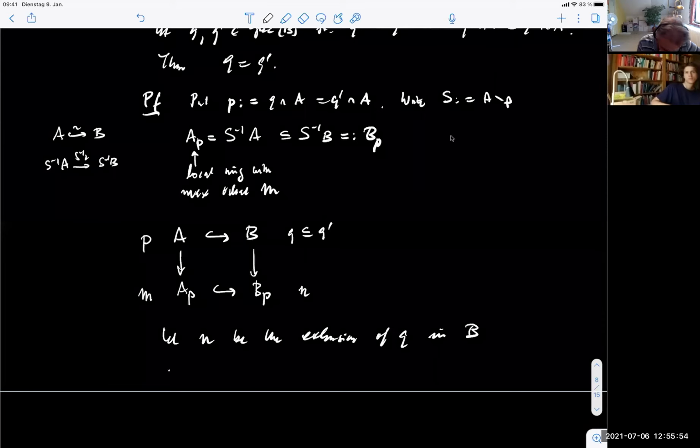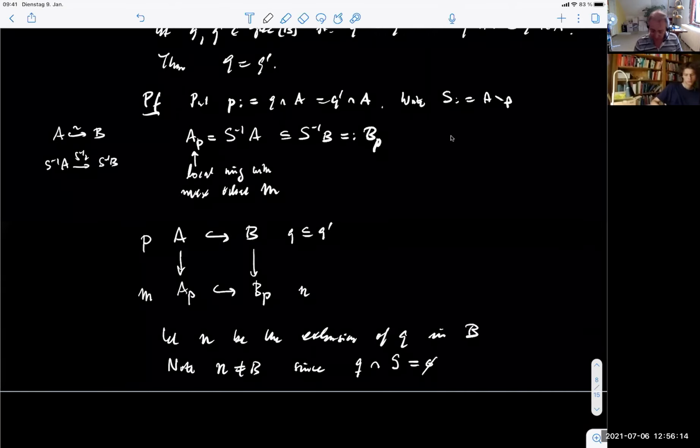So note, this is different from B, since Q doesn't contain elements of S. This intersection is empty.